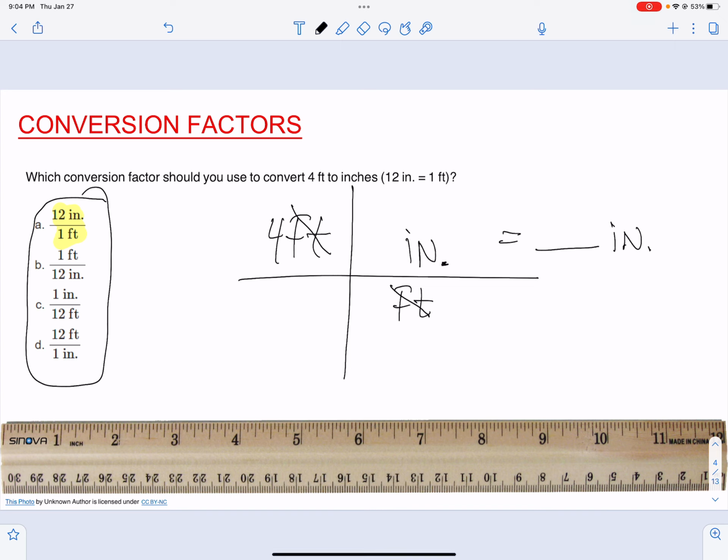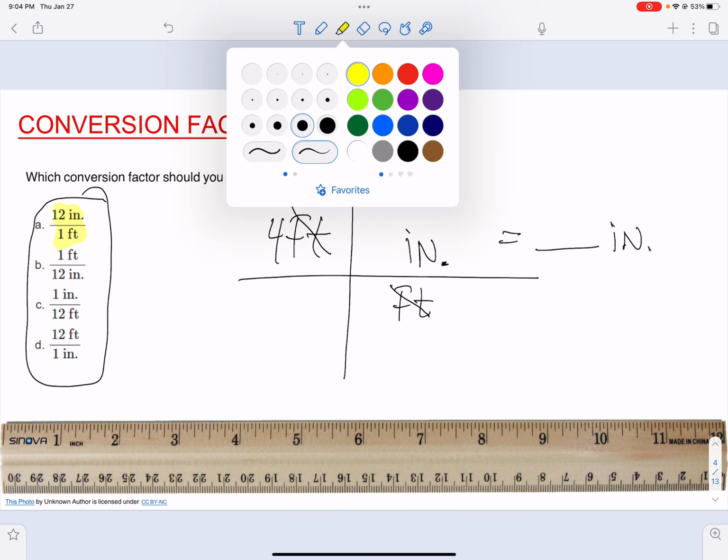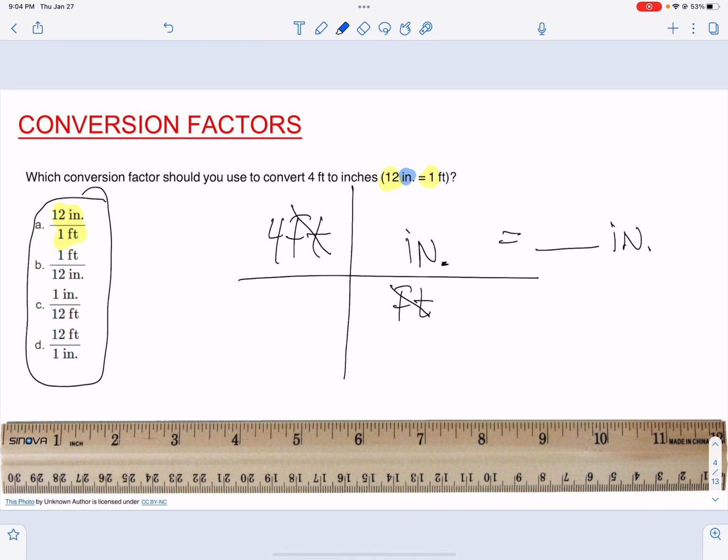And then whatever numbers go with the unit, I keep. 12 goes with inch, so 12 goes in there, and 1 goes with foot, so 1 goes there. 4 times 12 is 48. 48 divided by 1 is 48. So that's what I like to call the train track method. Better known in a more mature way as dimensional analysis.